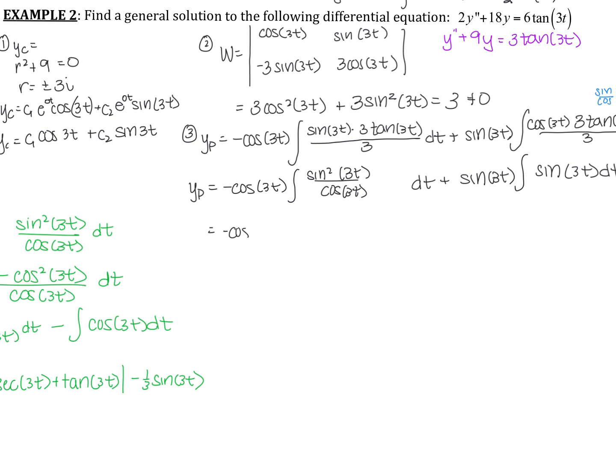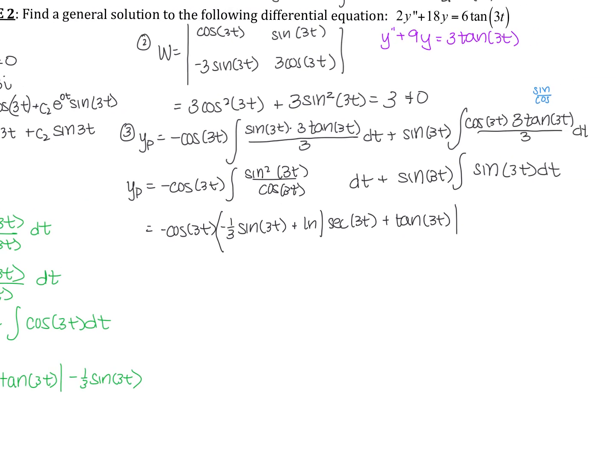It's negative cosine of 3t multiplied by that whole function of negative 1/3 sine of 3t plus the natural log of the absolute value of secant of 3t plus tangent of 3t. I think I lost a third in that one. Yep, shoot. This should have a 1/3 in front of it. We're going to go ahead and add that there.